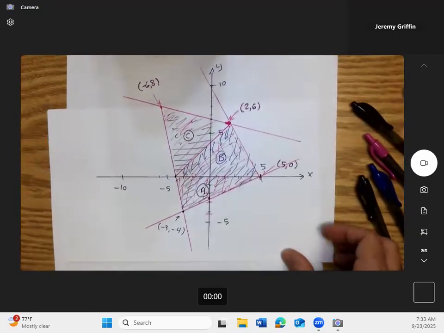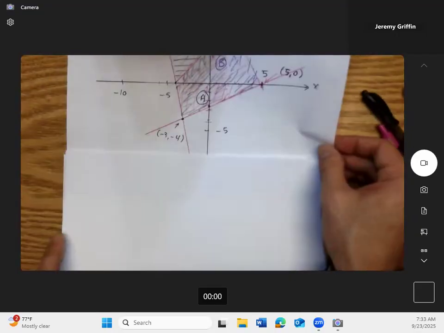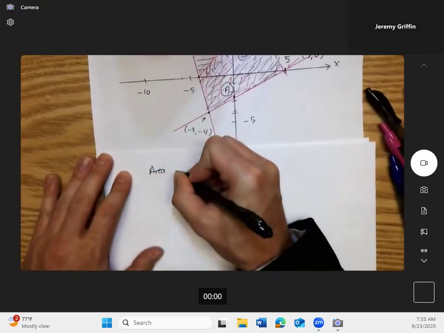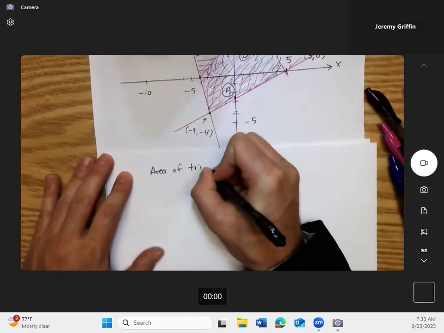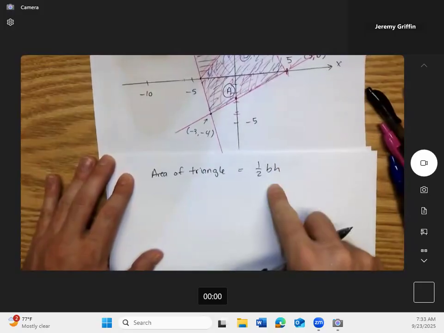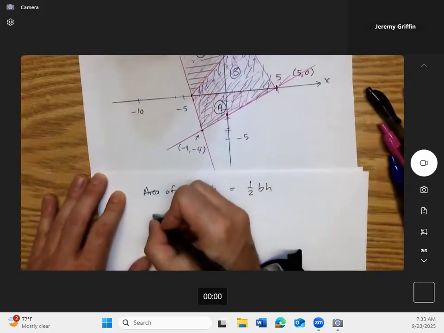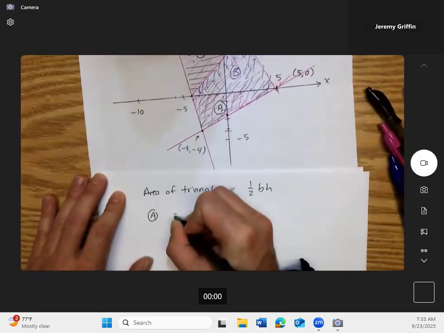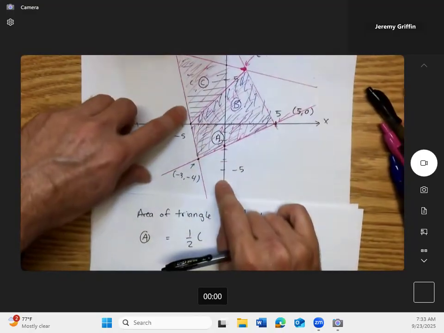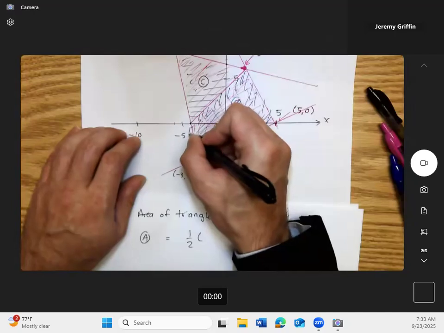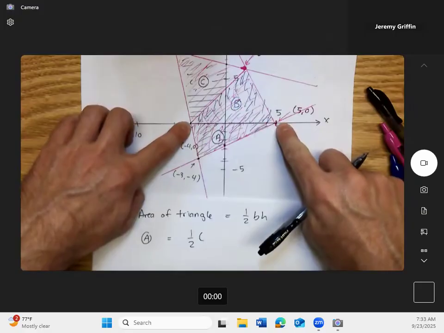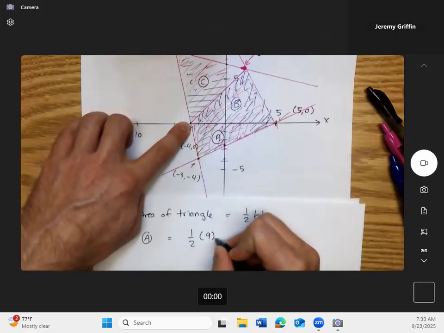So, right, new paper, so I can add up these areas. And so you guys know area of a triangle equals 1/2 base times height. So I can play off that. So area A would be 1/2 of, this has a base that goes from the point -4, comma 0, to +5, that'd be a base of 9.